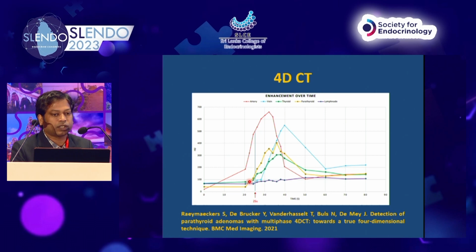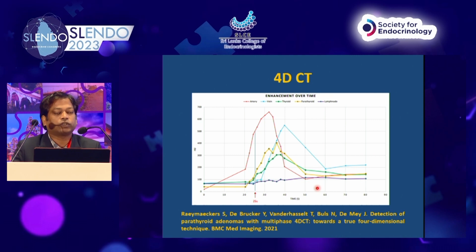This is the parathyroid, this is one lymph node, and the green color is showing the thyroid. Compared to the lymph node and the thyroid, there is more enhancement in the arterial phase in the parathyroid tumor.